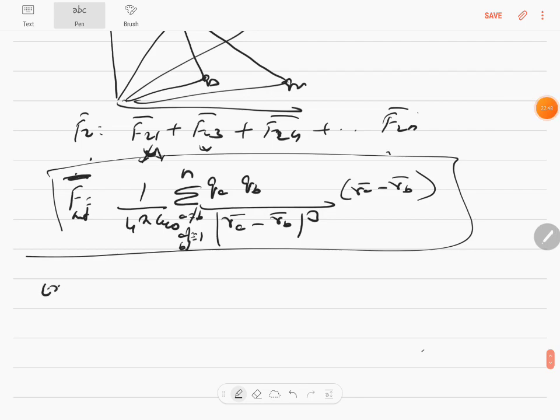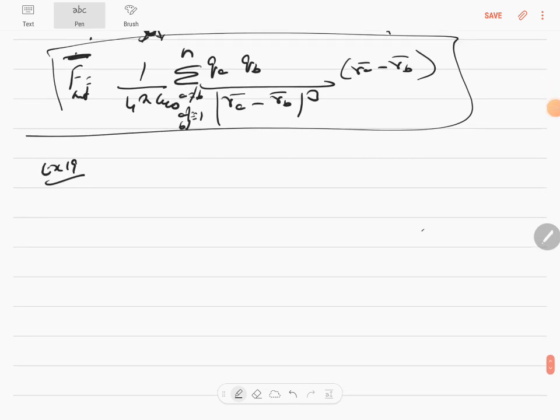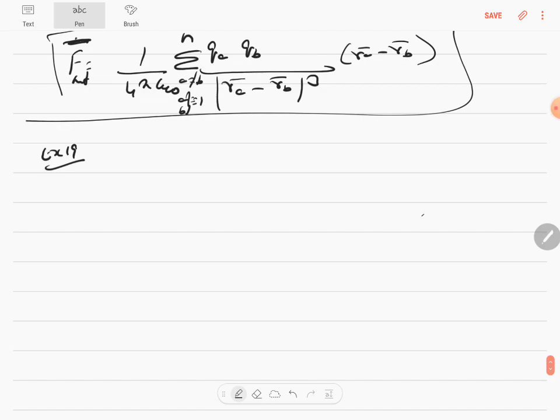Let's do example 19. An infinite number of charges, each equal to 4 microcoulomb, are placed along the x-axis at x equal to 1, then x equal to 2, x equal to 4, x equal to 8, and so on.